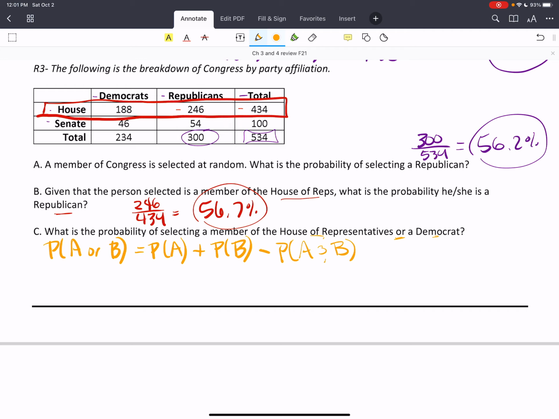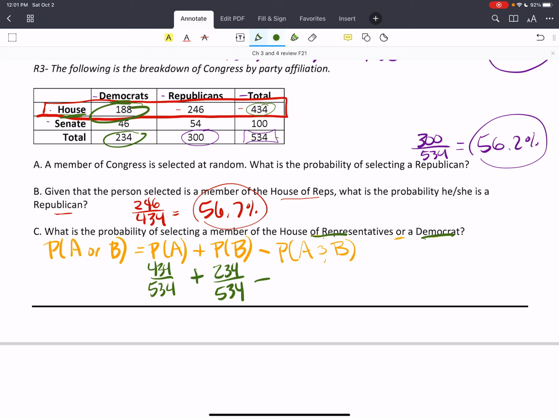So the probability that they are in the House of Representatives, well, there are 434 people in the House of Representatives out of a total of 534. So that'll be the probability for that one, okay? And then plus the probability that they are a Democrat, well, there are a total of 234 Democrats out of that 534. And then we subtract, again, the probability that they are both in the House and a Democrat, which is House here, Democrat there.